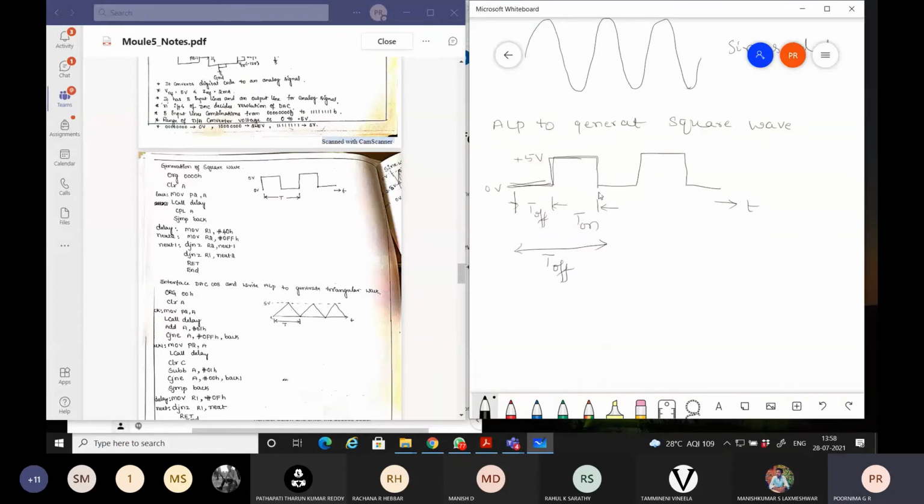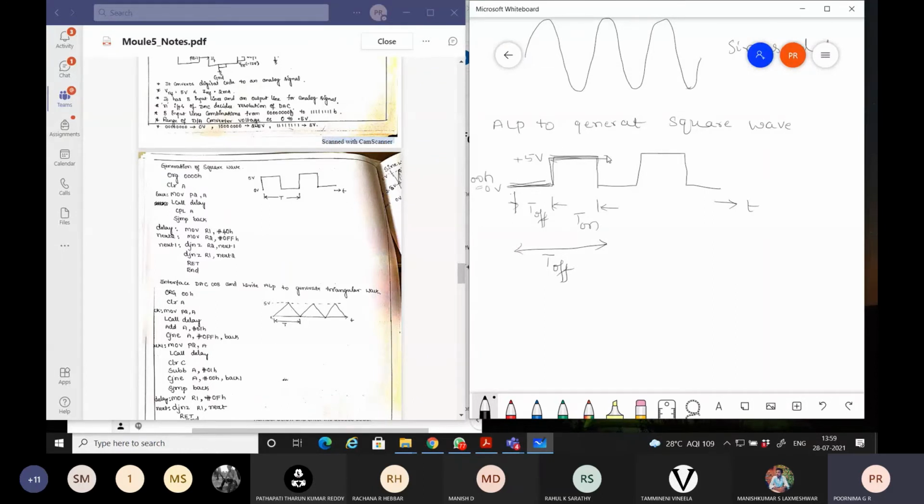Now, such a waveform needs to be created by using the digital to analog converter because it is a continuous waveform, hence it is termed to be an analog output. How to write a program? Before that, since the digital to analog converter has to give two output voltages, 0 volts and 5 volts, to get 0 volts I will be providing 00H in hexadecimal.